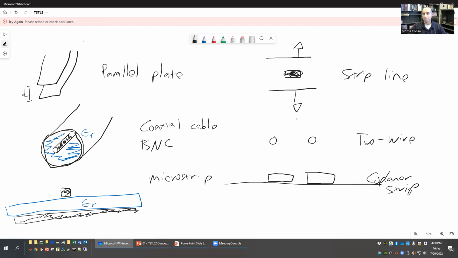For example, if I have a third trace over here, I've got a transmission line between these two wires right here, but whether I like it or not, I also have a transmission line between these two and another transmission line between these two, right? So there are transmission lines that are there by design, and there are transmission lines that are there parasitically. And all those have to be taken into account in real systems.